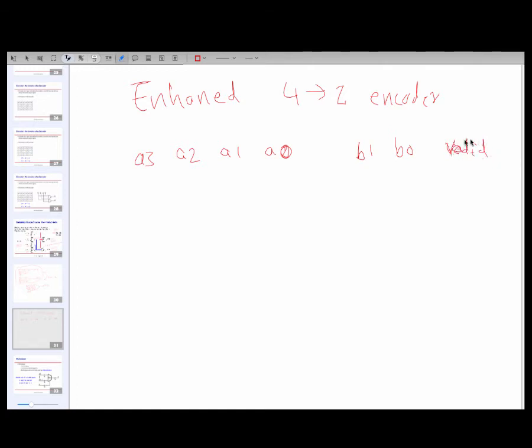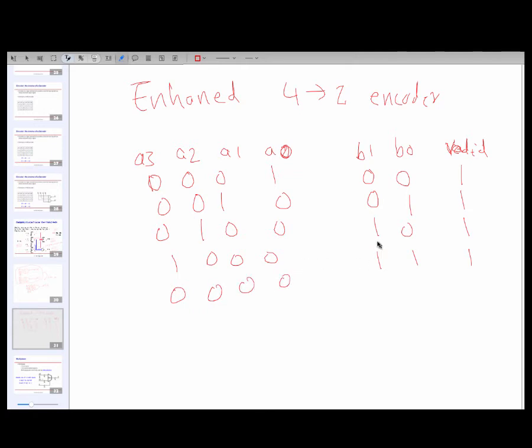Let's call it a valid signal. If it is 0, 0, 0, 1, then the output is 0, 0, and the signal is valid. If input is 0, 0, 1, 0, the output is 0, 1, and we are saying output is valid. If 0, 1, 0, 0, it's going to output 1, 0, and again it will output valid. If it is 1, 0, 0, 0, then it's 1, 1, output is valid. Then we make a special case. If it is all zeros, then output is all 0, and it is not valid.